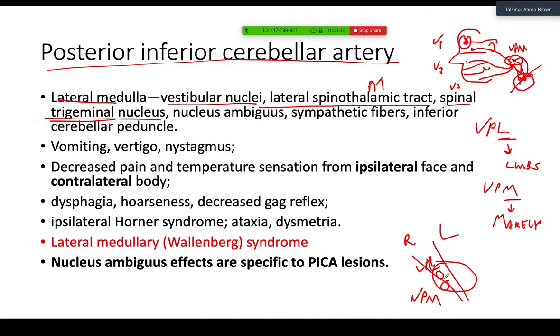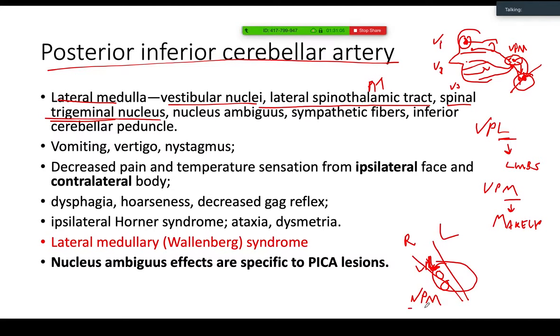Now, when we lose this part of the thalamus, we are losing all of our sensory from the opposite side of the body, right? We said that all of our sensory nerves decussate before they get to the thalamus. So a lesion in the thalamus means losing contralateral pain and temperature, contralateral fine touch, proprioception, all of that has crossed over by the time we get to the thalamus, okay?